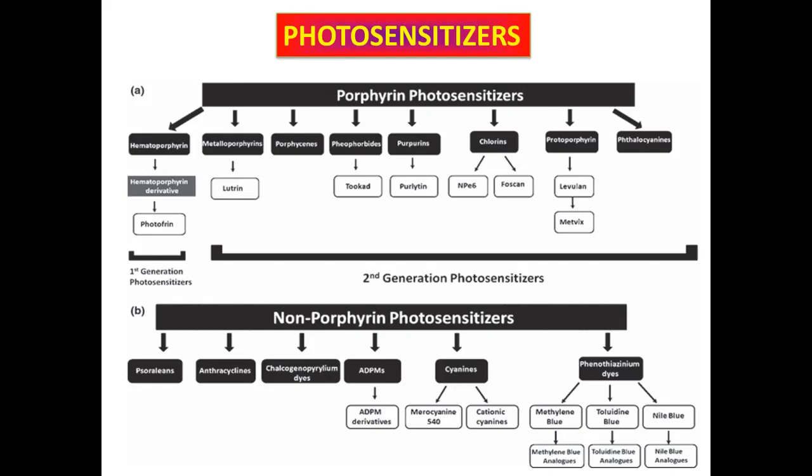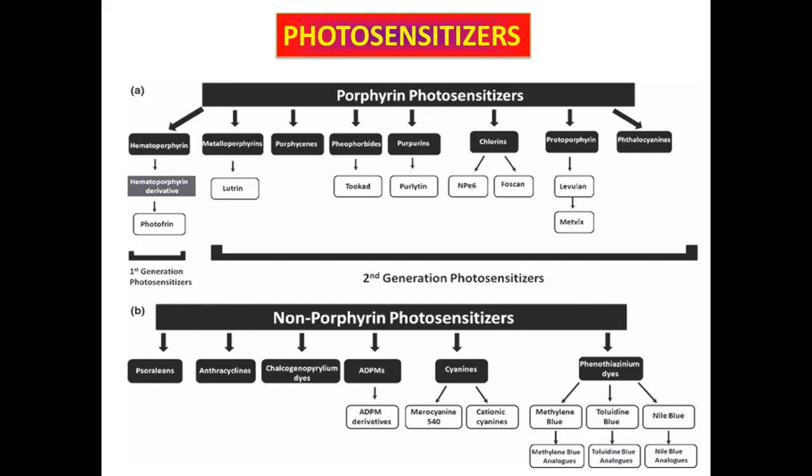It should have a high singlet oxygen quantum yield, meaning the photosensitizer should have the power of producing high quantum yield oxygen. So the photosensitizers should produce cytotoxicity only in the presence of radiation.